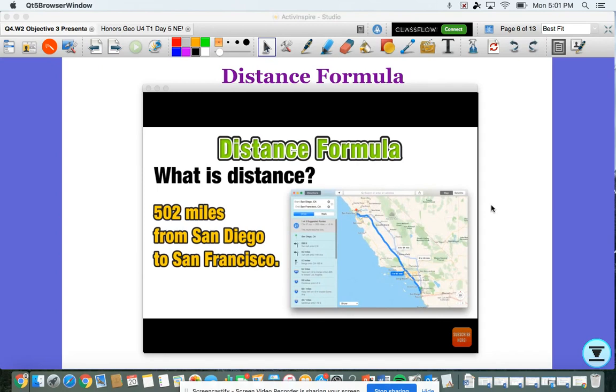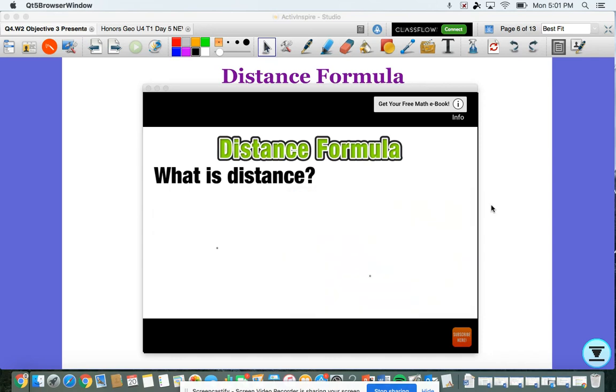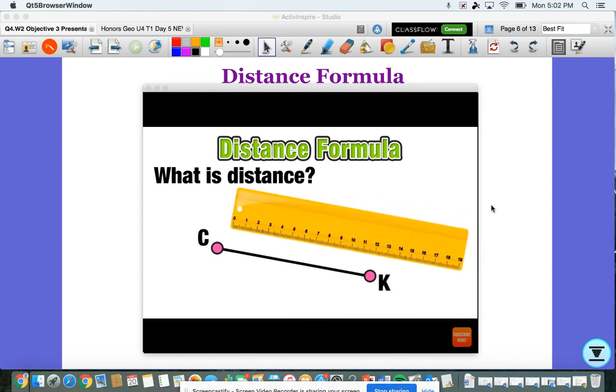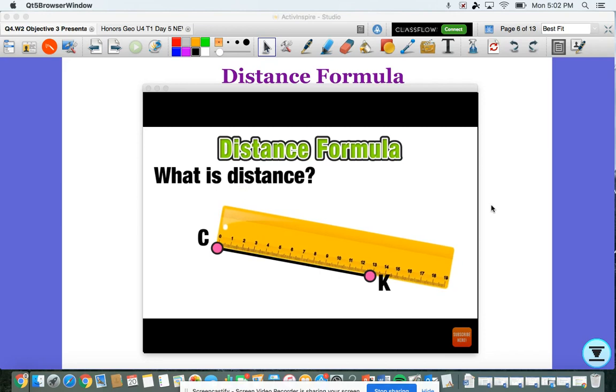Just like the drive from San Diego to San Francisco would be a distance of 502 miles. So for this lesson, we're concerned with finding the distance between two endpoints connected by a line segment. In this case, line segment CK. If we measured this line with a ruler, we could say that CK has a length of 13 centimeters.